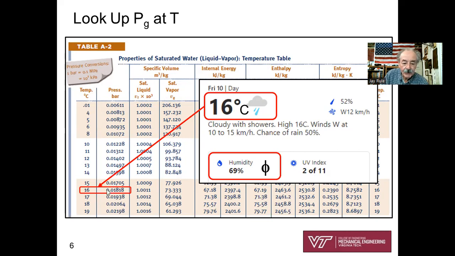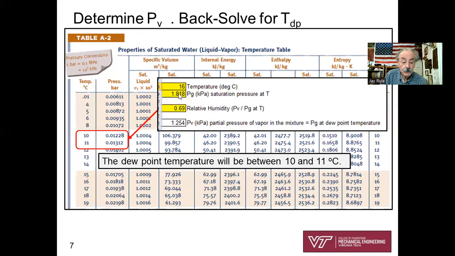When we write that down, remember, we need to deal in kPa. And so what we're going to write down is 1.8 kPa. That's a very low partial pressure, P sub G, at 16 degrees C. So we'll write that down. So here's our temperature, 16 degrees C. We wrote down P sub G, 1.818.